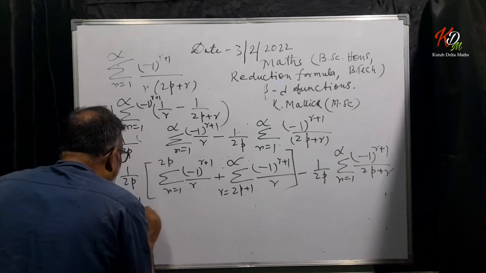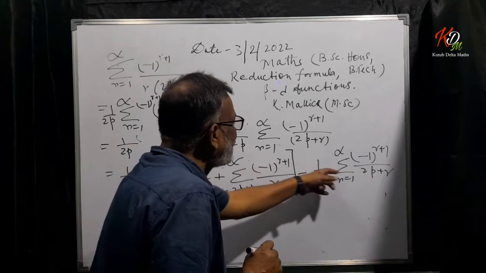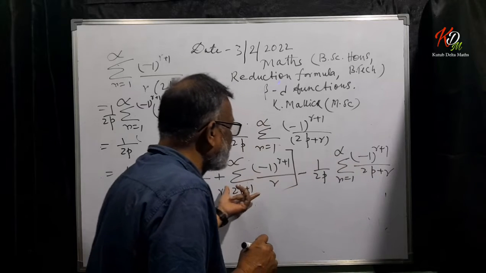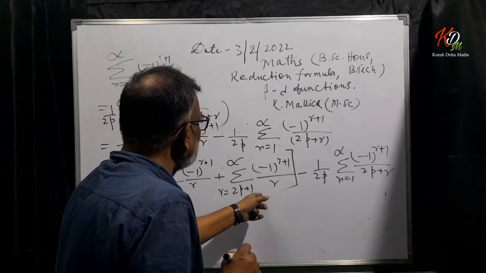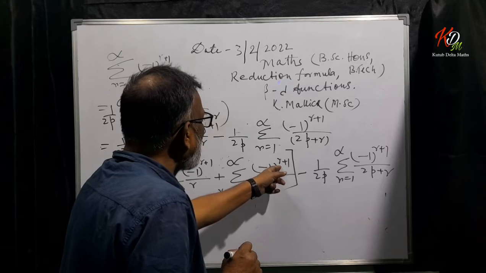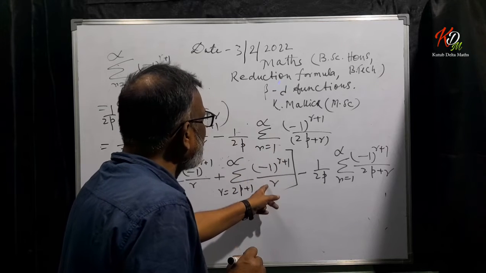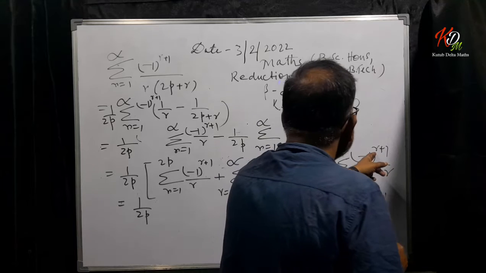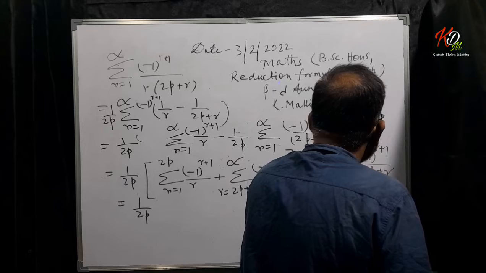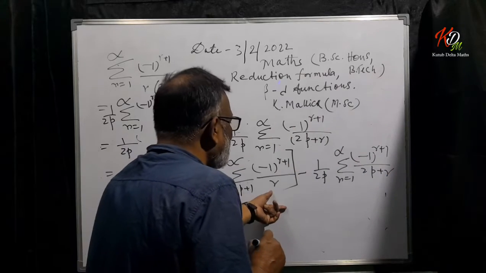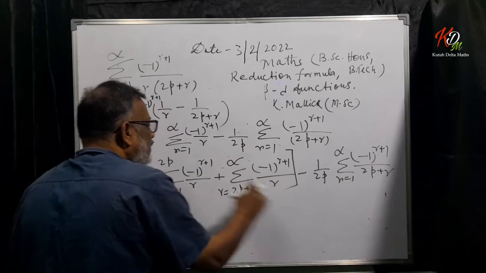Now finally 1 by 2p, first you put r equal to 1, and r equal to 2p plus 1, this and these are equal. When r equals 2p plus 2, this is 1 by 2p plus 2, then minus 1 by 2p plus 2, then plus 1 by 2p into 2p plus 2, so this vanishes. When r equal to 2p plus 3, this also vanishes.